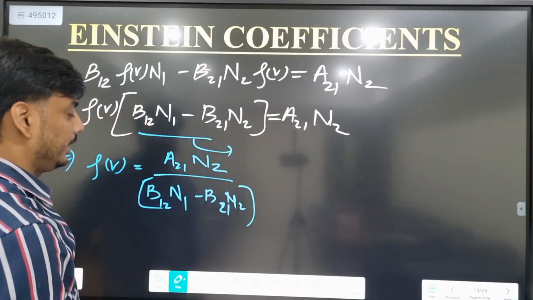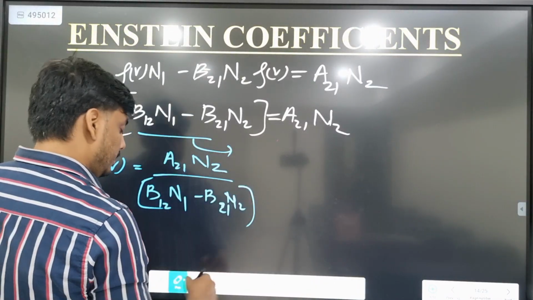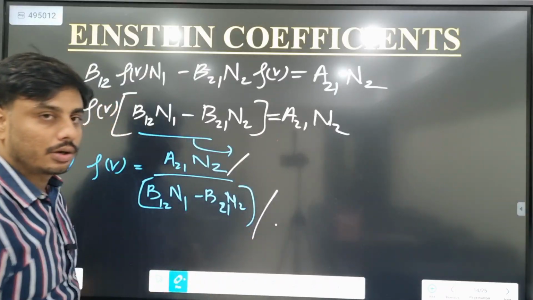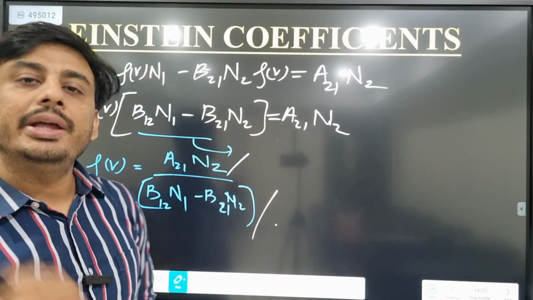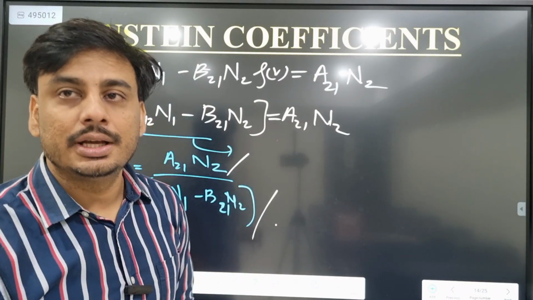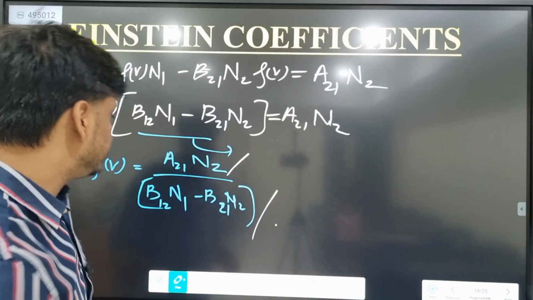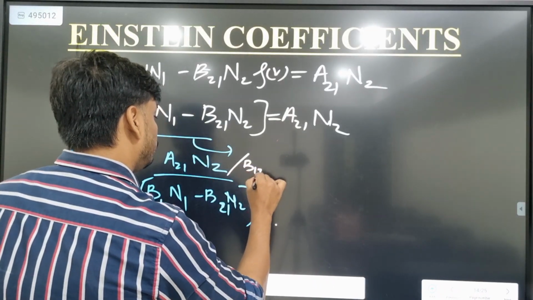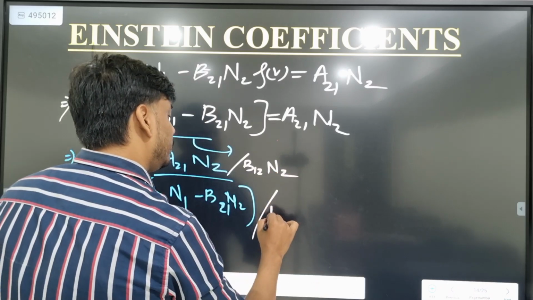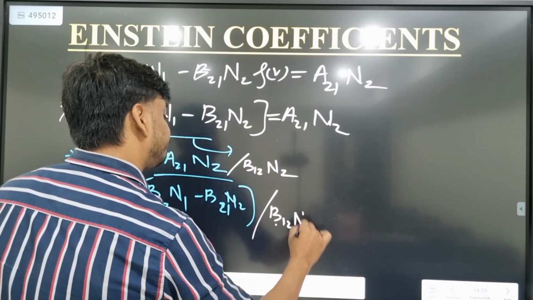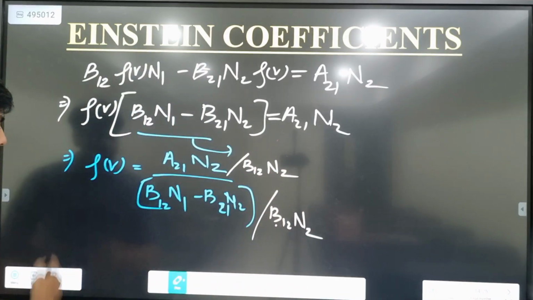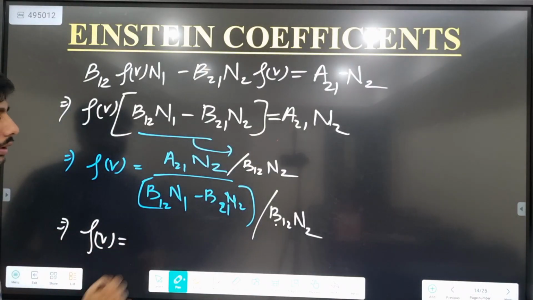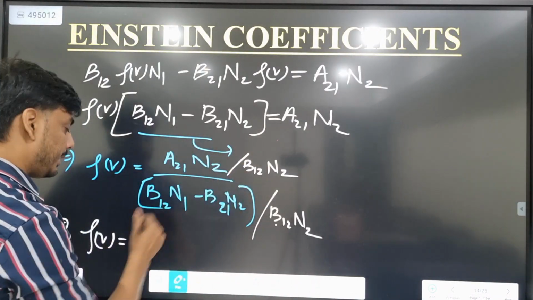If we divide both the numerator and the denominator by the same factor, the result will be the same. There is no change in the result. So now we divide by B12 N2. Here N2 and N2 we can cancel.